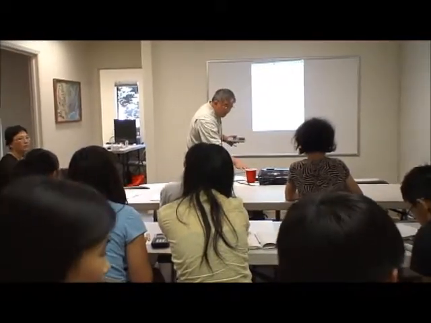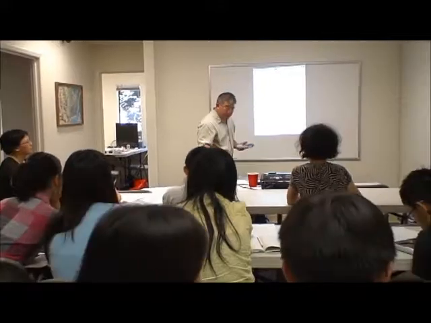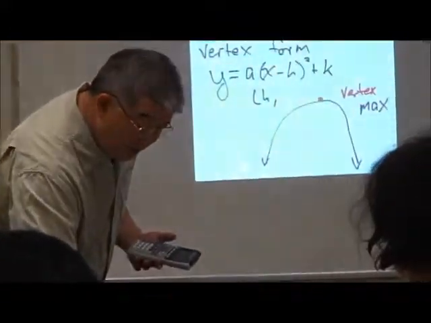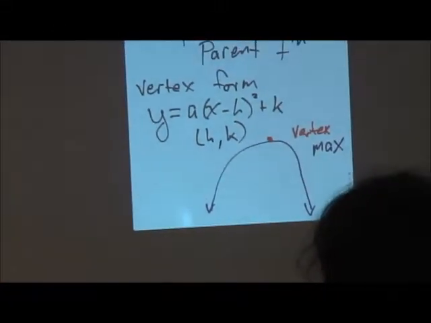That's what I was talking about earlier as we were talking about vertex form, because the vertex becomes h, k. And so we saw it move on this particular graph. We saw it move 2 to the right, and we saw it move up 3, right?